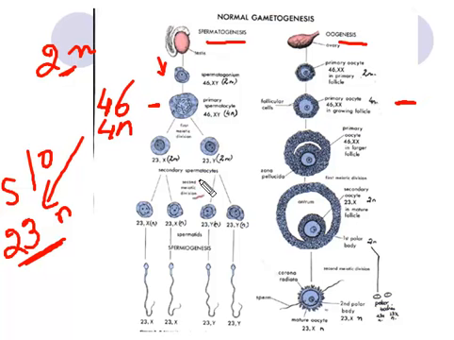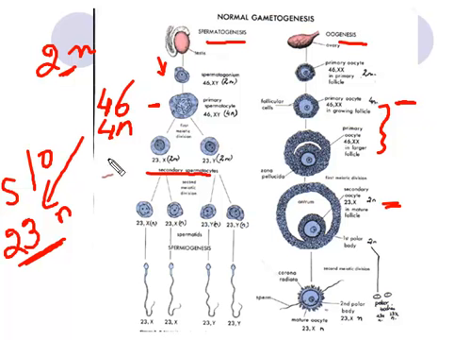So let's look at the process here. So the first meiotic division from primary spermatocyte, it becomes what is known as a secondary spermatocyte, and from a primary oocyte, it becomes a secondary oocyte. So at this point everything becomes half.